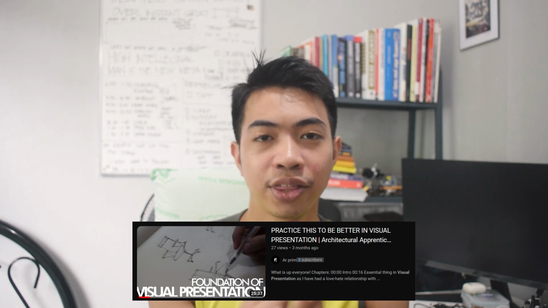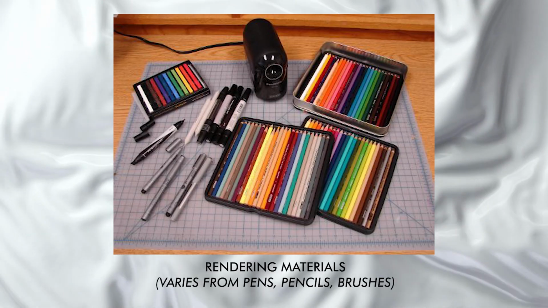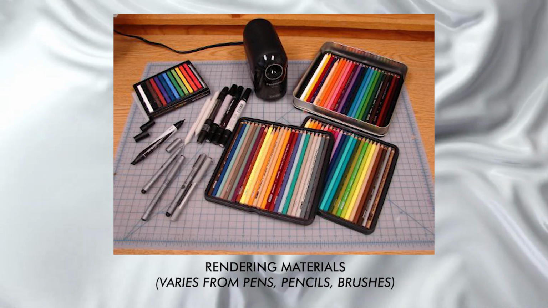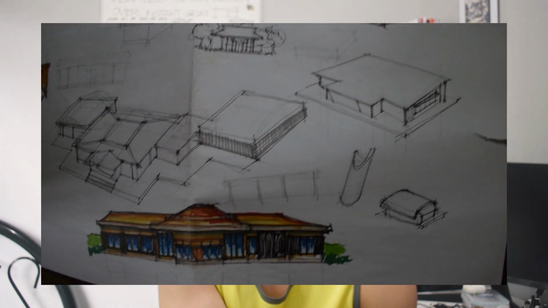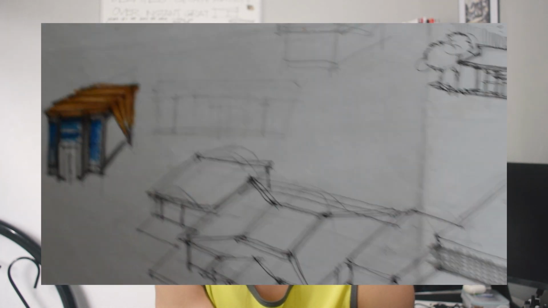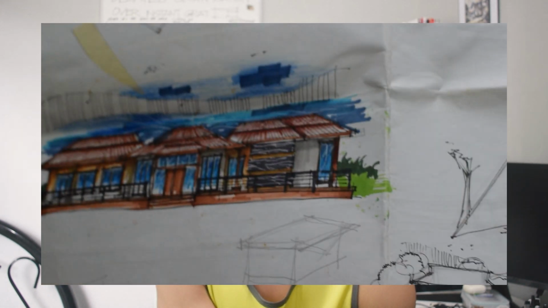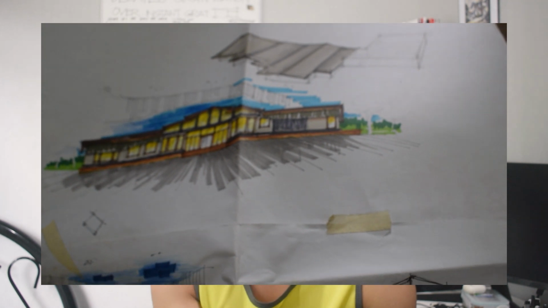So third is of course your rendering materials. These are for you to be able to color your drawings. You're going to have visual arts in your first or second year as an architecture student. You're going to need those things to color and shade. I've used Copic markers when I was younger.